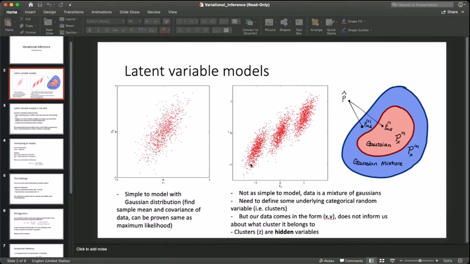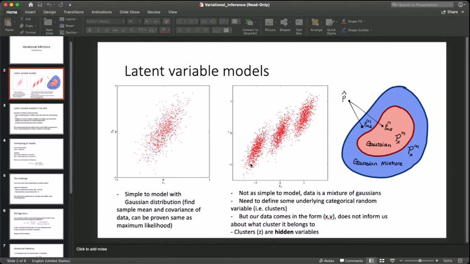So in this case, the latent variable was the classes, right? I obviously don't know the classes from the get-go. Given a data point, you give me a data point, I don't know which of the 3 Gaussians it came from. It's hidden to me.